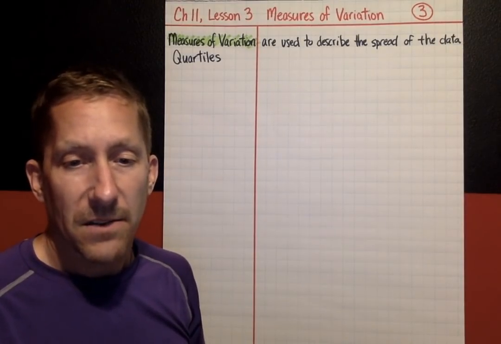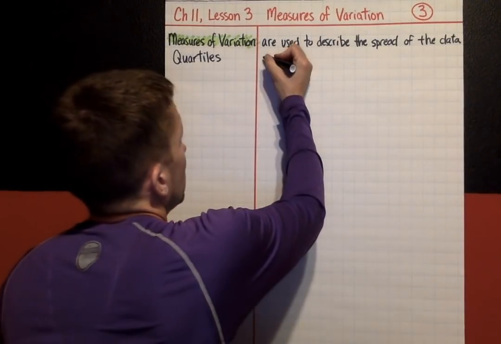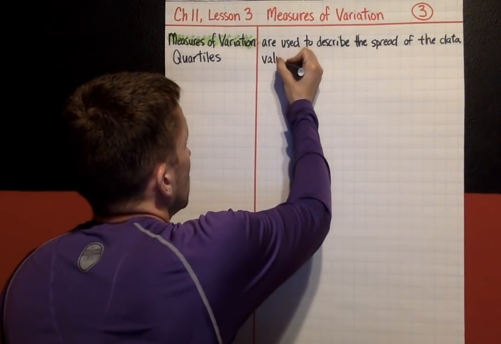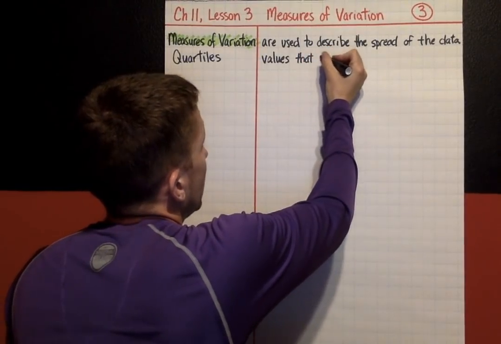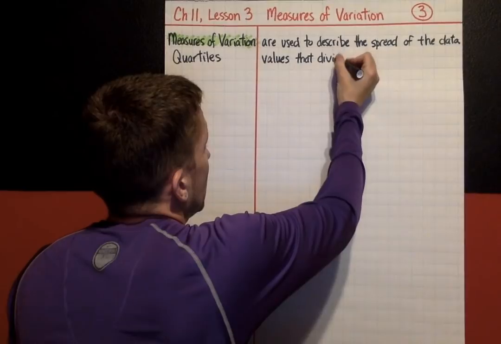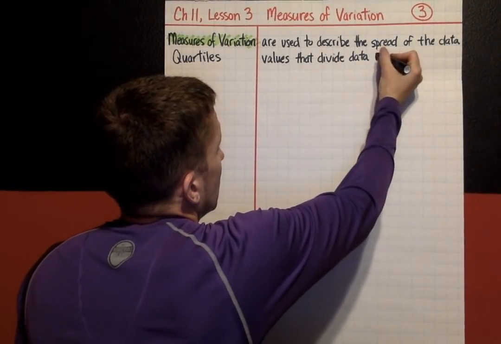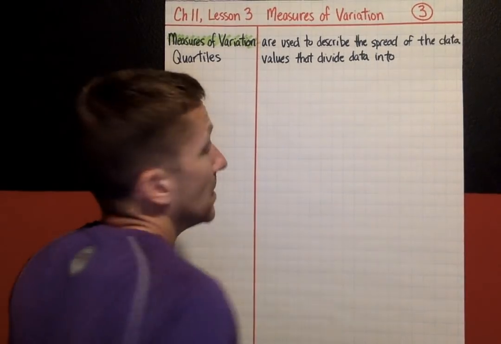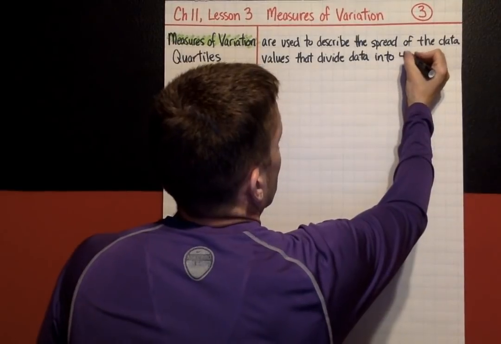Well, the quartiles divide your data into four equal parts. So the quartiles are values that divide data into four equal parts.